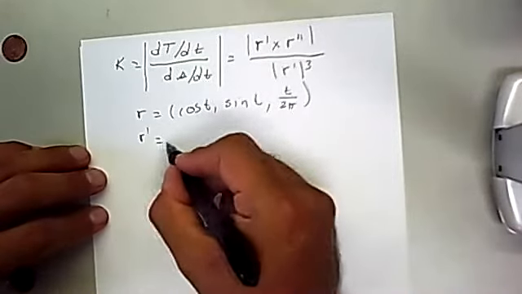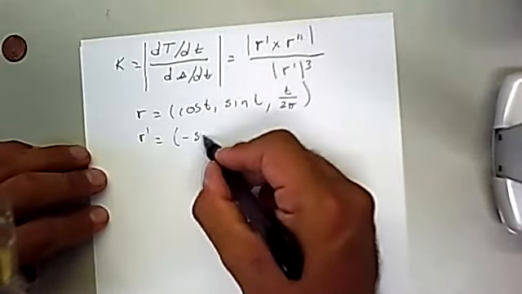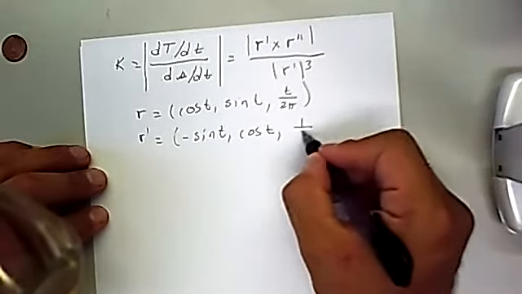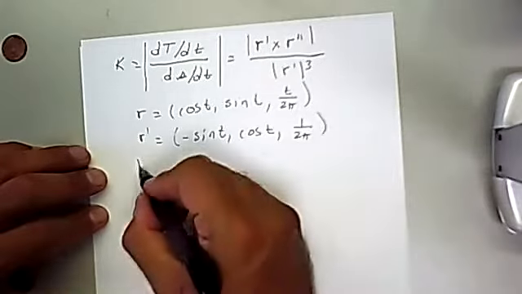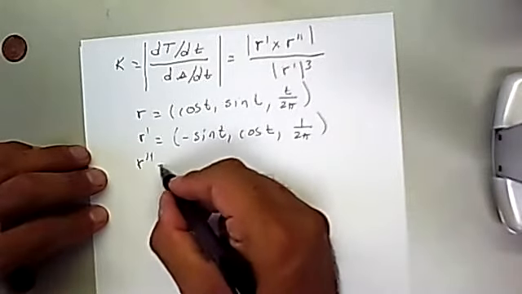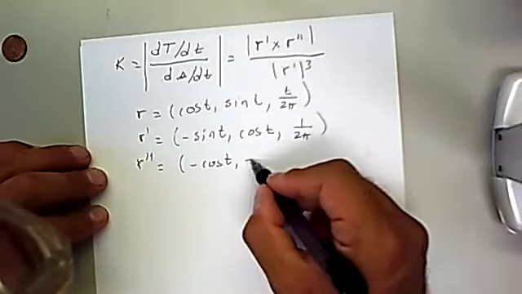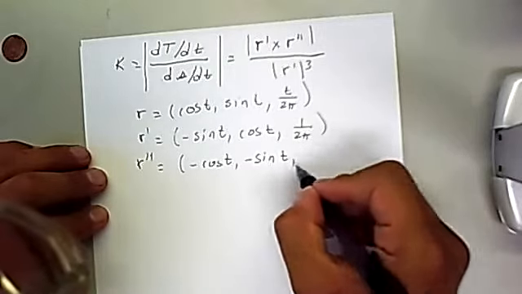R prime is negative sine t, cosine t, 1 over 2 pi. R double prime is negative cosine t, negative sine t, and 0.